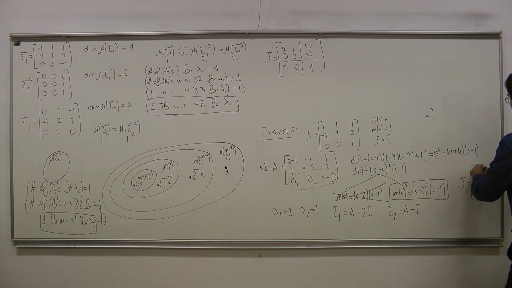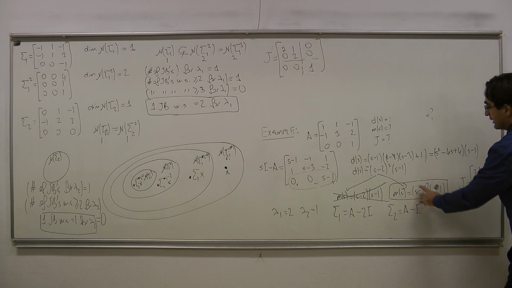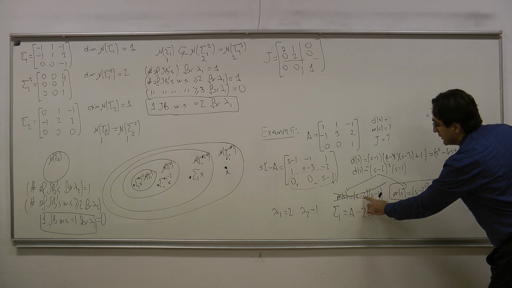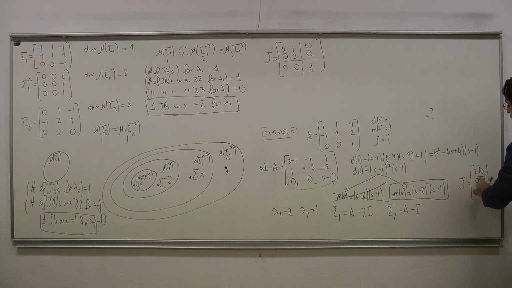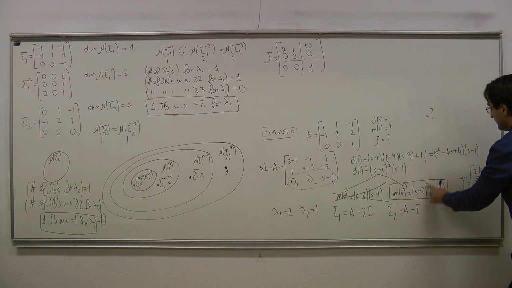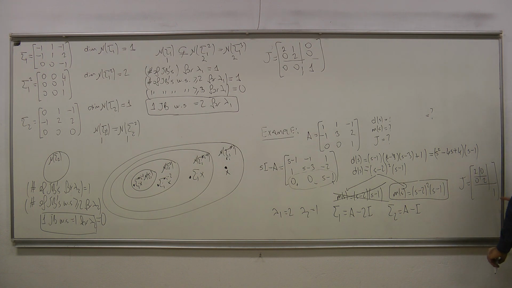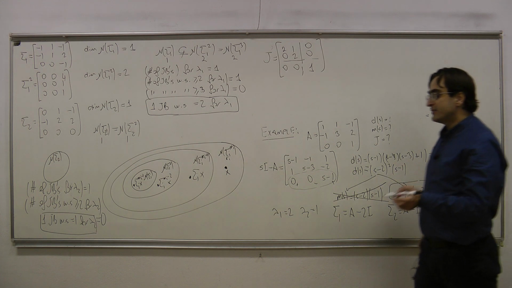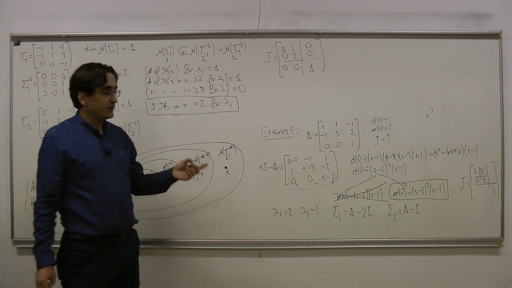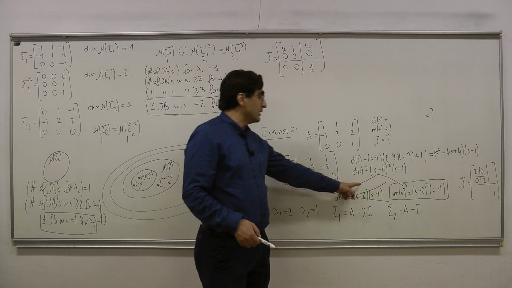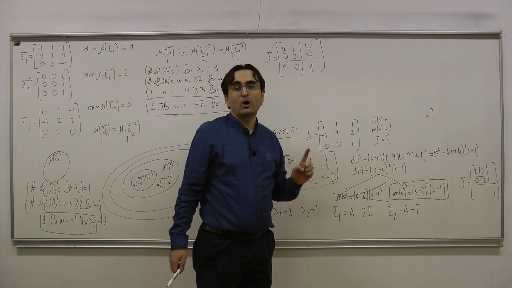So I would have 2 Jordan blocks here with size 1, because the size of the largest Jordan block in this case would be just 1. That means that I would have 2 Jordan blocks with size 1, and the other Jordan block would be the same as 1. In this case, I see that the Jordan canonical form turns out to be a diagonal matrix when all the minimal polynomial powers are 1.